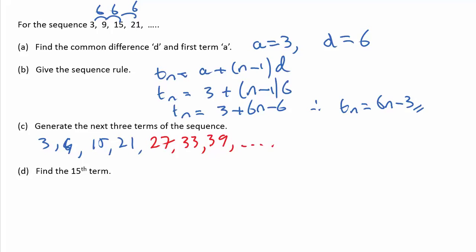Now if I'm to generate or produce the 15th term, it's best to use the equation. So 87 is my 15th term.